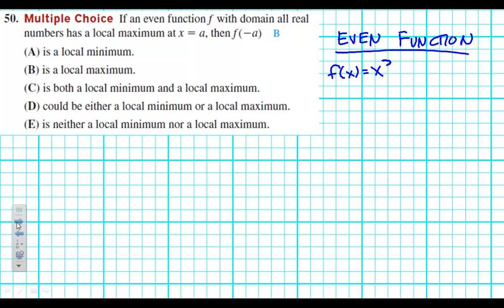So, for example, f of x is equal to x squared is an even function. F of x is equal to x to the fourth plus x squared is an even function. F of x is equal to 10x to the 8 minus 2x to the 4th plus x squared is an even function.